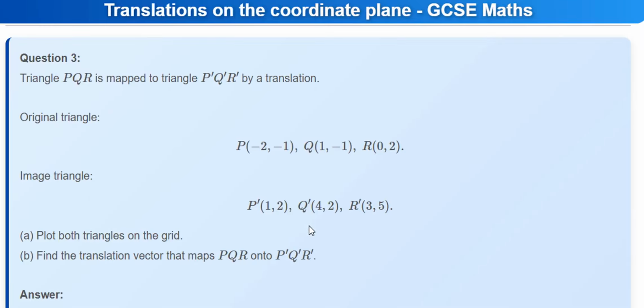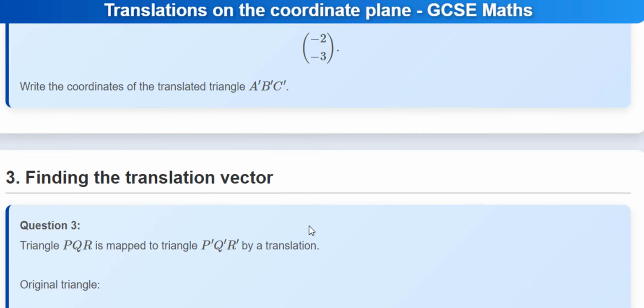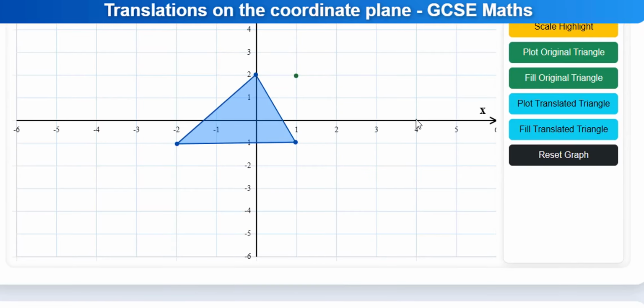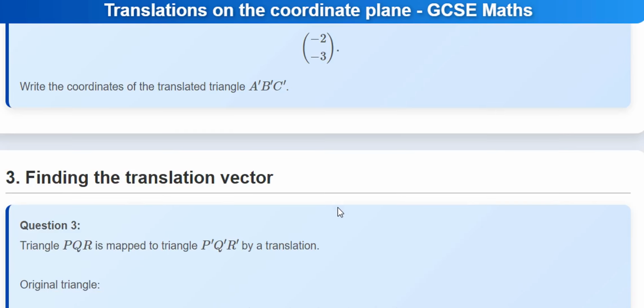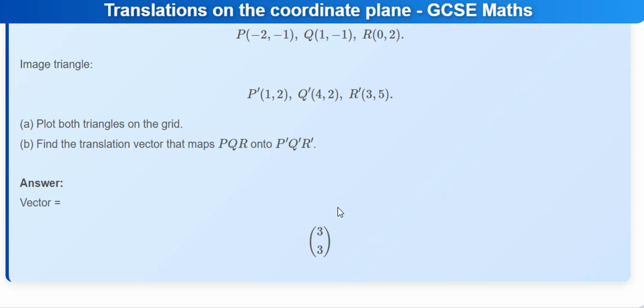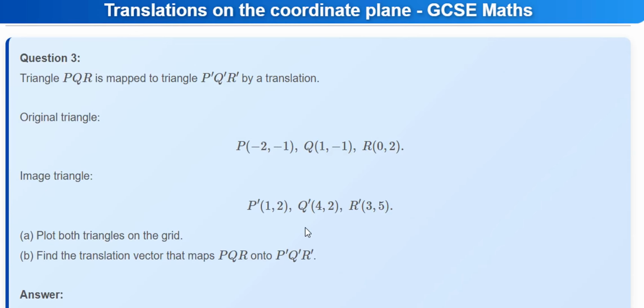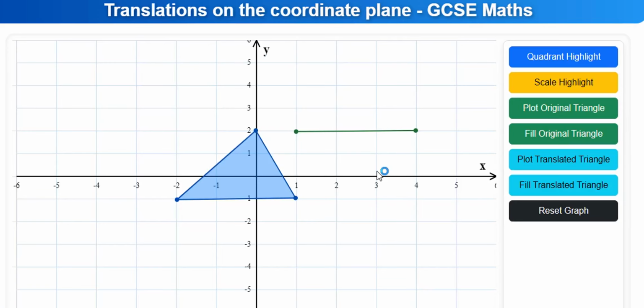Then the second one is 4, 2, somewhere there. And then the third one is 3, 5, somewhere there. And that becomes the translated triangle.